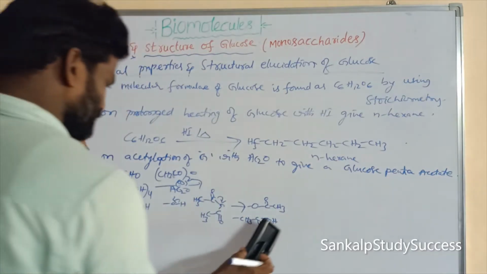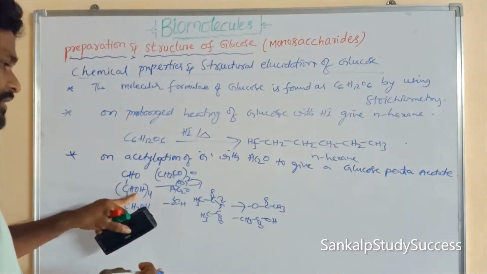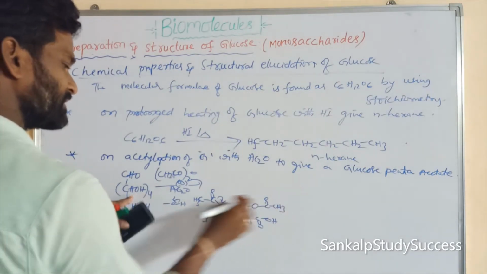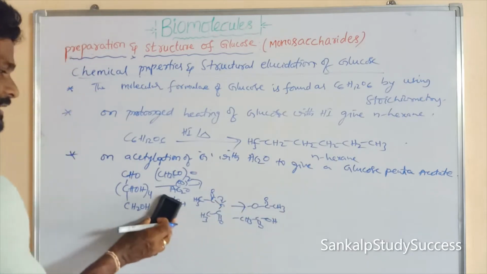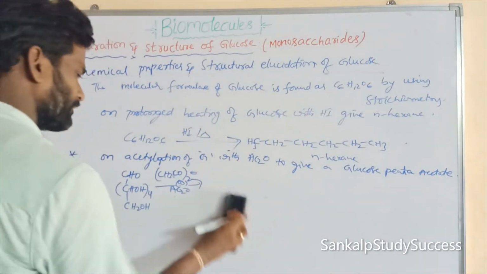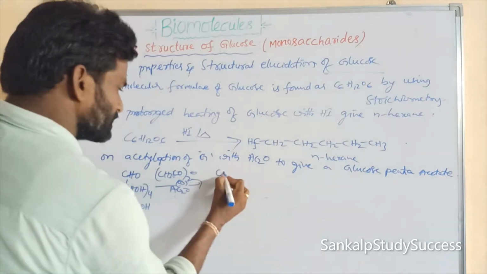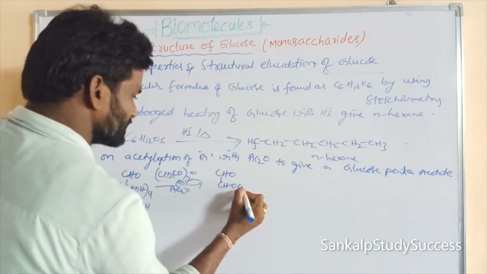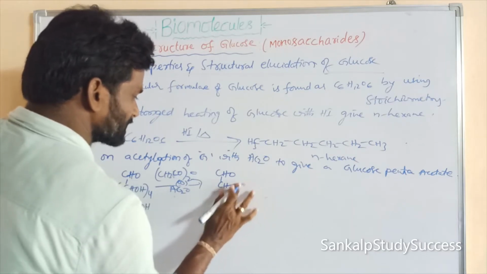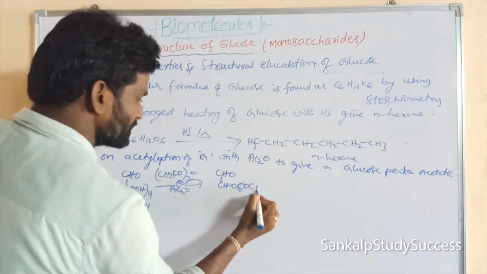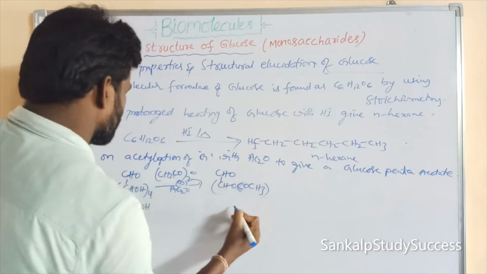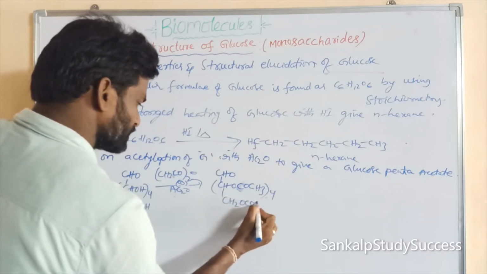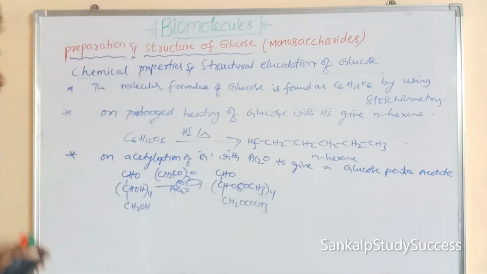So that means each OH gives this type of OCOCH3 group. That can be written as CHOCOCH3 or CHOAc, both are the same, CHOCOCH3, 4, and CH2OCOCH3 or OAc.